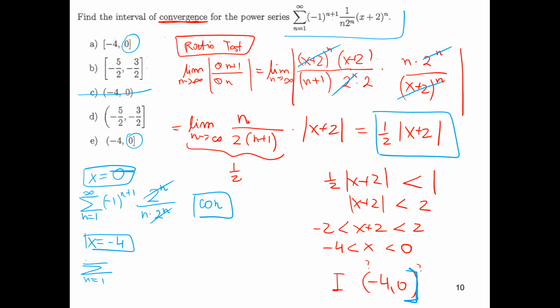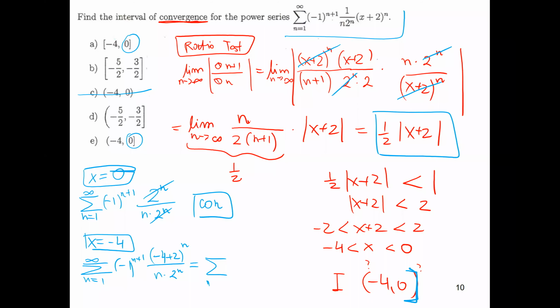Yeah, we have to be careful. We have -1 to the n plus 1 and 2 to the n. Now substituting -4 instead of x, let's see what we get. -4 plus 2 is -2, so that means -2 to the n.